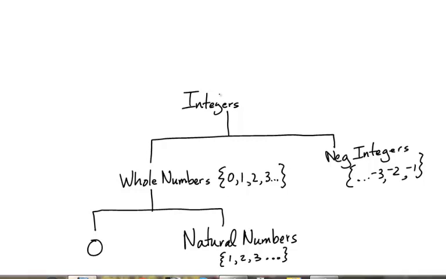Notice how you spell that. It's I-N-T-E-G-E-R-S. Okay, and the integers are 0, 1, 2, 3, ... and then -1, -2, -3, ... So the integers are made up of whole numbers and negative integers.